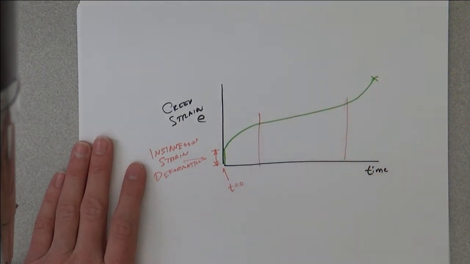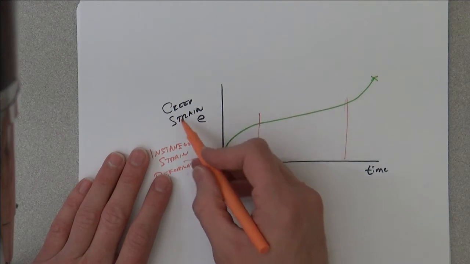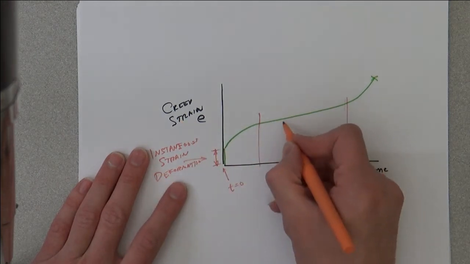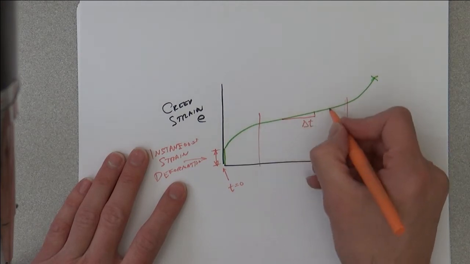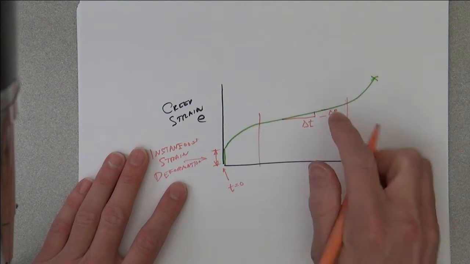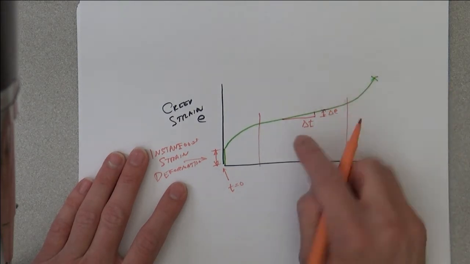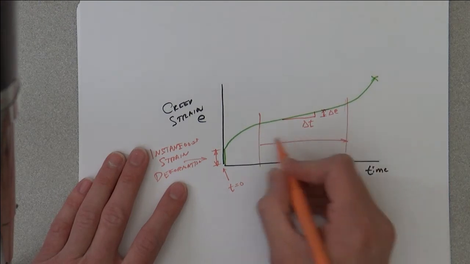we have a relatively long period of constant strain rate, and this, we have some delta T versus delta E, and this is what we call the region of secondary creep.